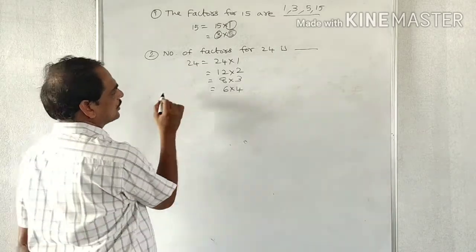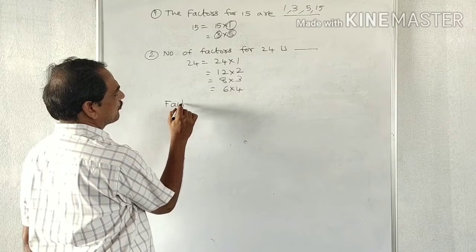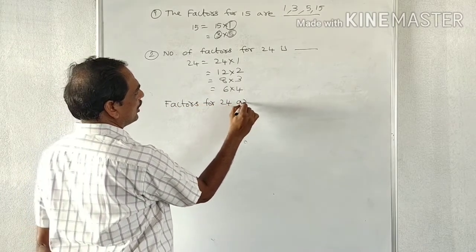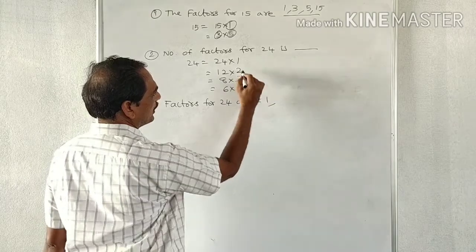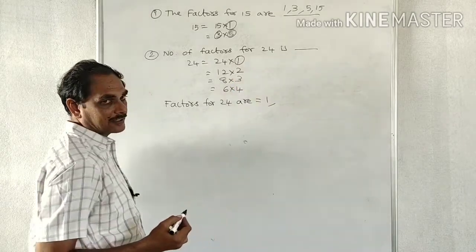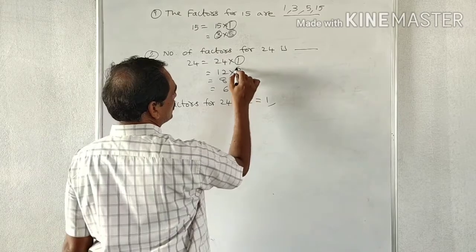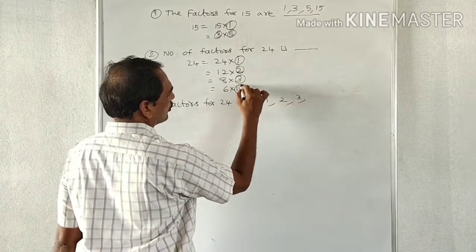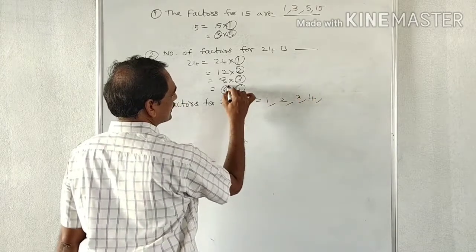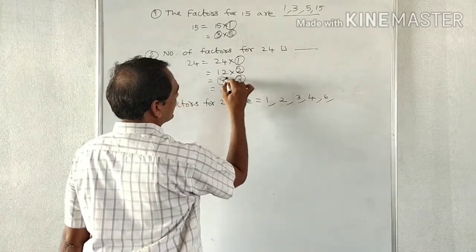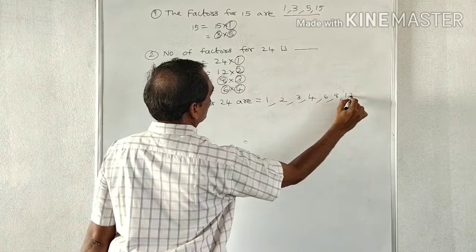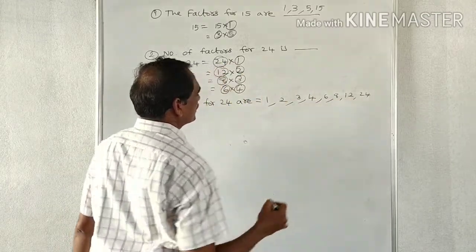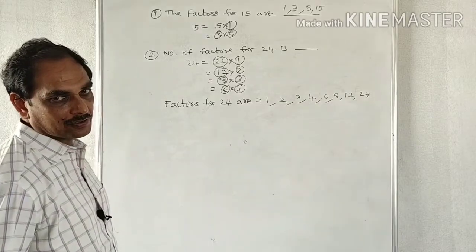We write the factors for 24 in increasing order: 1, 2, 3, 4, 6, 8, 12, and 24. These are the factors for 24.